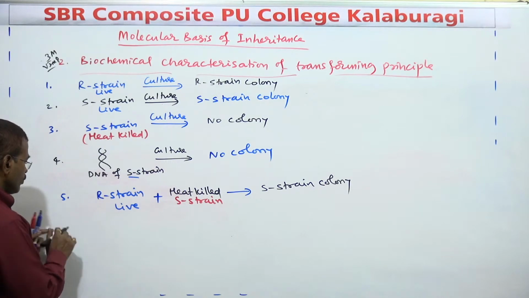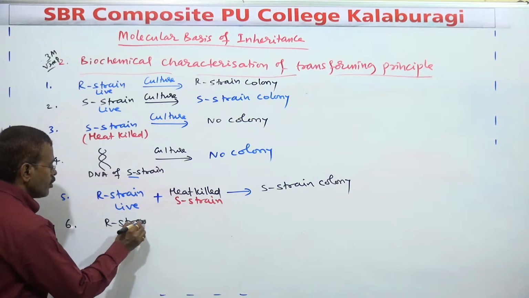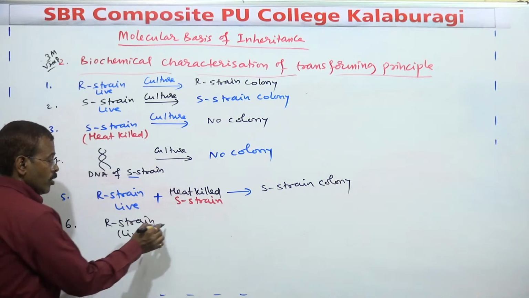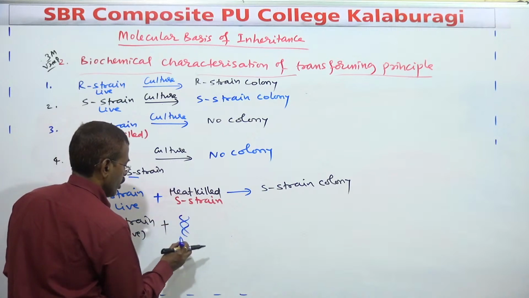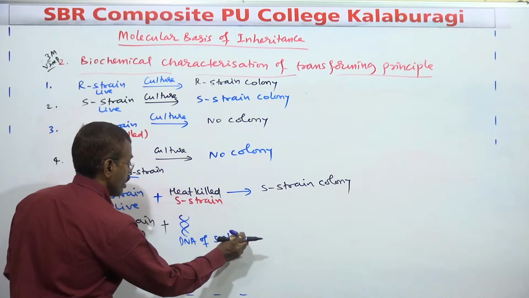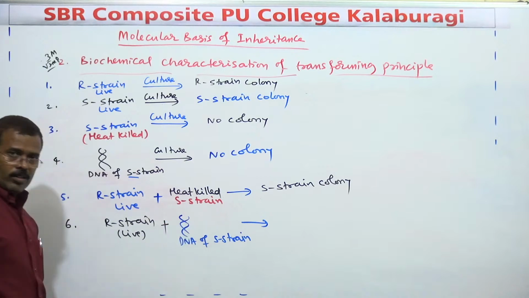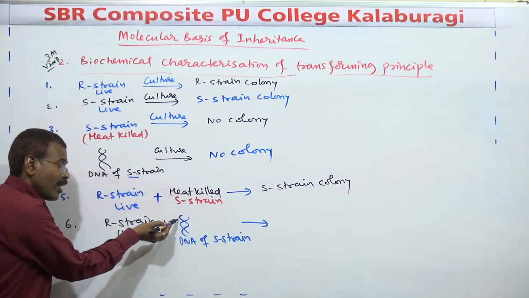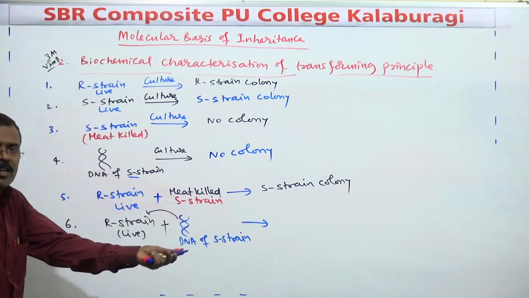So now, the R strain, which is live, was mixed with the DNA of the S strain. This DNA of the S strain could enter into the R strain and bring about transformation.